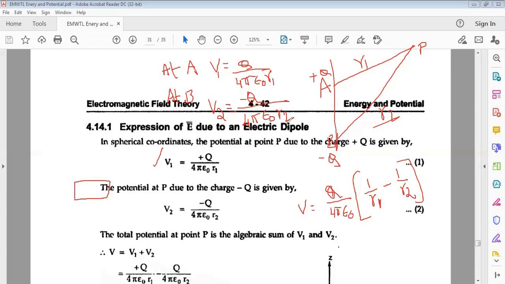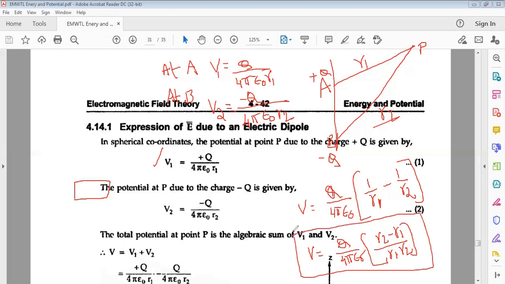Q by 4 pi epsilon naught is a common term for the two functions V1 and V2. So the first one is a positive 1 by R1, the second one is a negative 1 by R2. So V is equal to Q by 4 pi epsilon naught, which we can write as R2 minus R1 by R1 into R2.